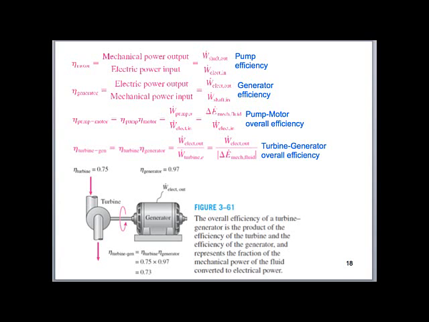Pumps will always output less energy than they consume, and we can expect the opposite from a turbine. A turbine will always output less energy than was put in or than it gathered from some energy device. Okay, so keep these facts in mind.